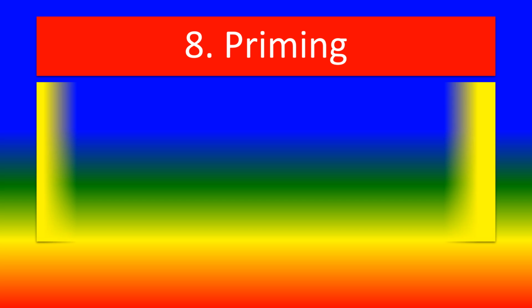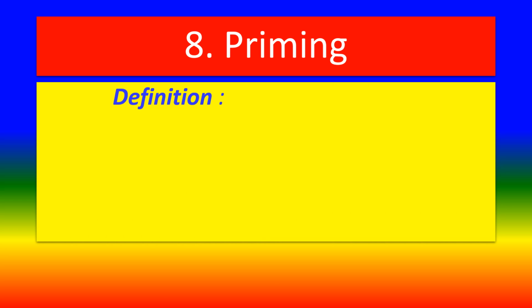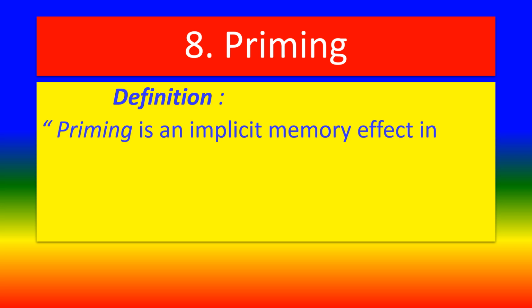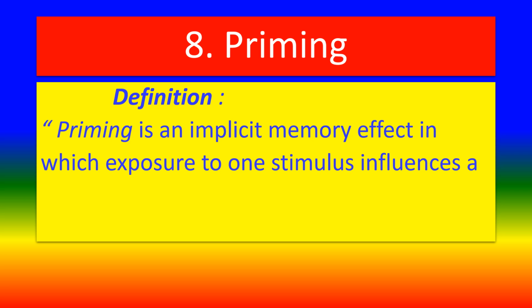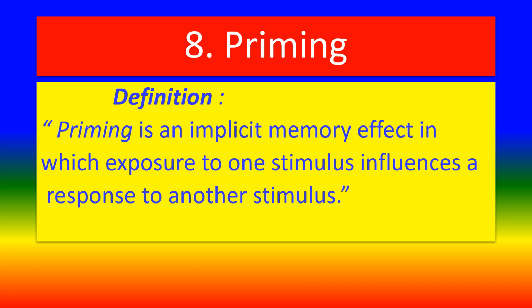Next feature of perception is the eighth one, priming. Can you define priming? Priming is an implicit memory effect in which exposure to one stimulus influences a response to another stimulus.